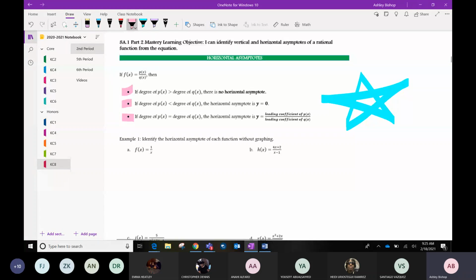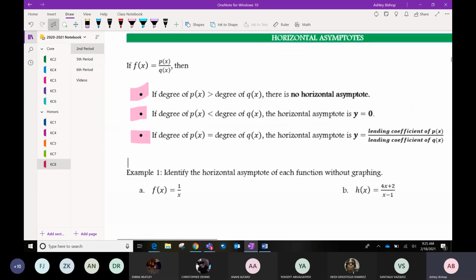So if I give you an equation, let me tell you the 3 properties and then we will do a couple of examples. So if I have a rational function where p of x is on top and q of x is on bottom, so if the degree of p of x, remember that one's on top, so I'll write a note for you.